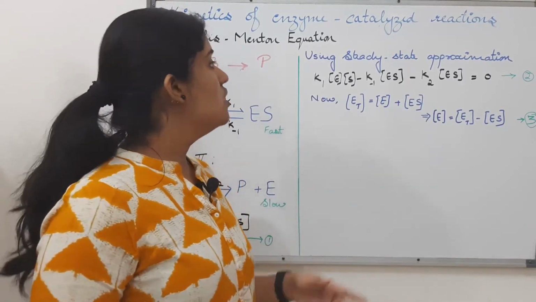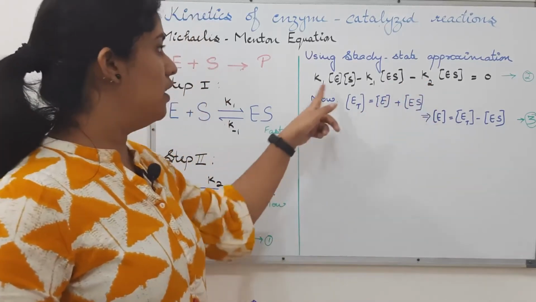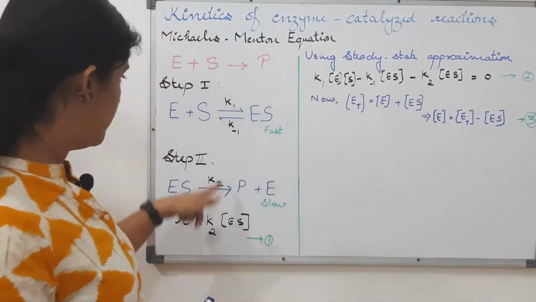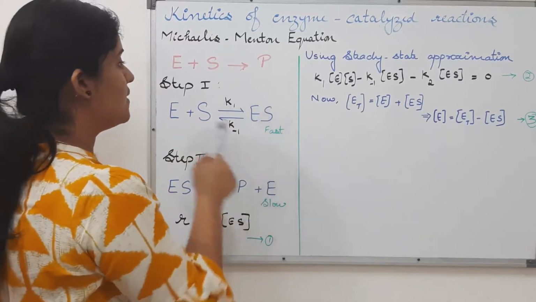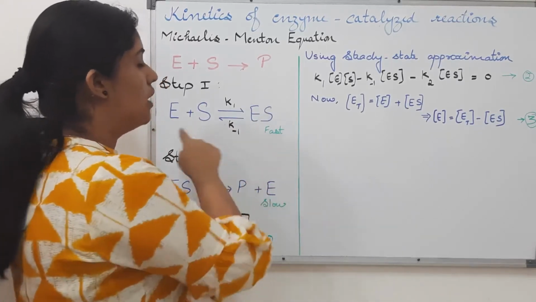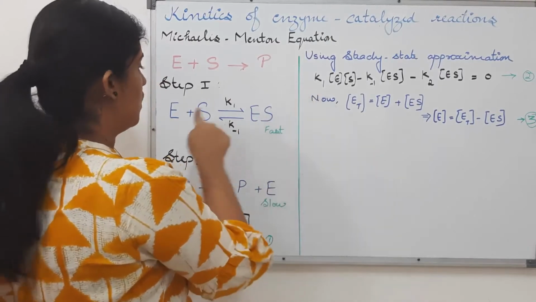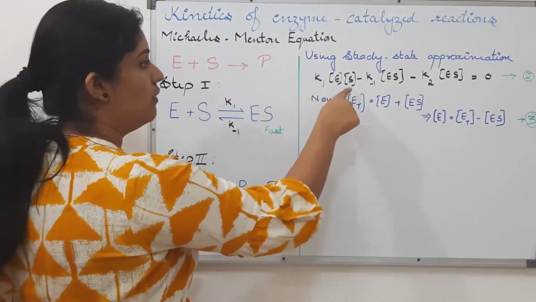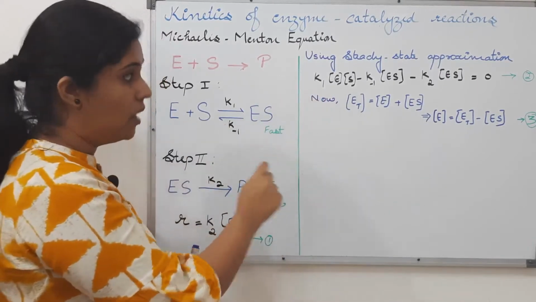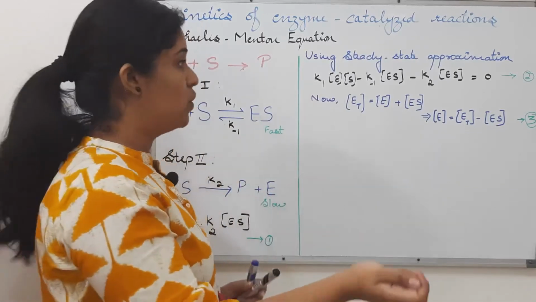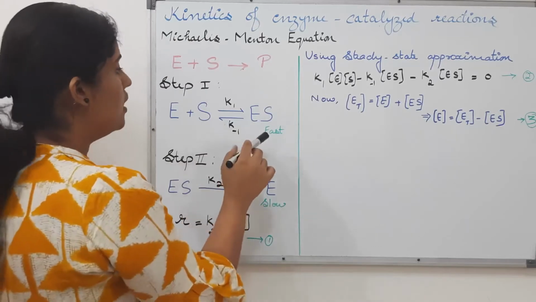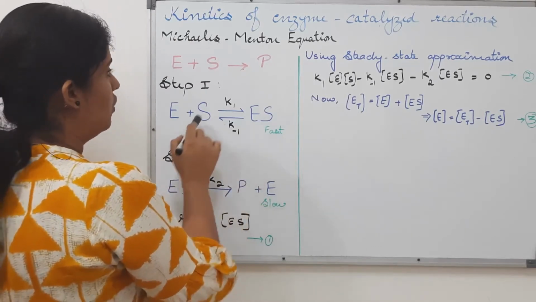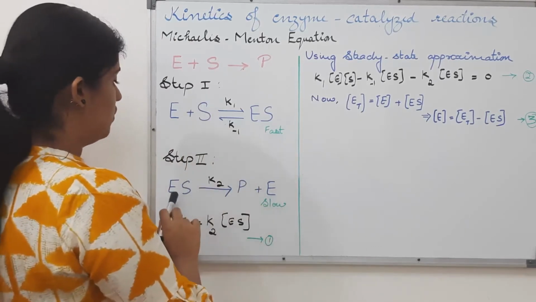Okay. So in that case, I can write rate of formation of ES. Now out of all these reactions, ES is being formed only in step 1 forward reaction. So the rate of that reaction is K1 into concentration of E into concentration of S. So I wrote the rate of formation step minus rate of decomposition. Now there are 2 steps where ES is being decomposed. One is the reverse direction of step 1 and the other is the forward reaction of step 2.